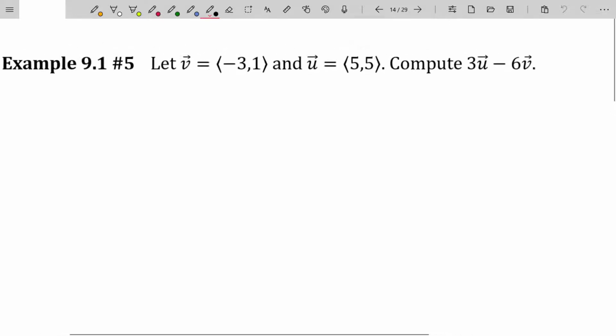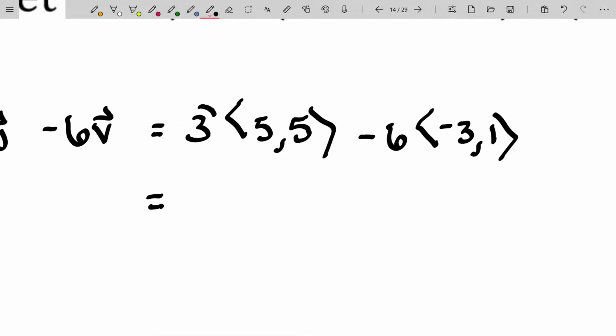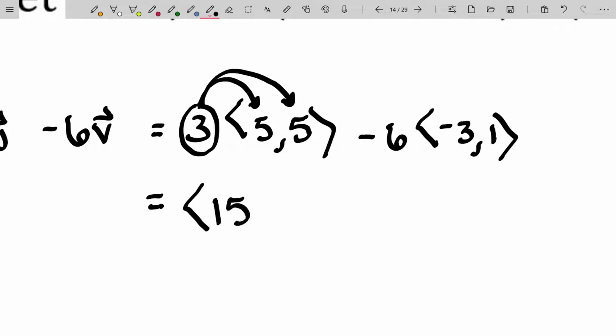Now, according to that definition, 3 times the vector u minus 6 times the vector v is the same thing as 3 times the vector u is 5, 5, minus 6 times the vector negative 3 comma 1. Now, scalar multiplication, I'll just take this 3 and scale up each of the components of this vector by that factor. So my new vector here is 15 comma 15.